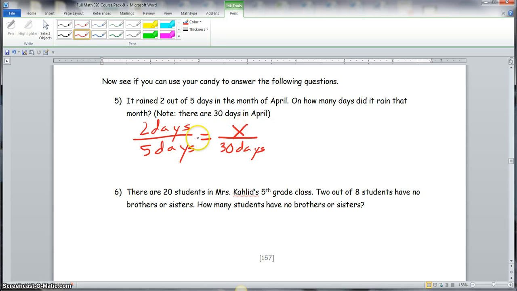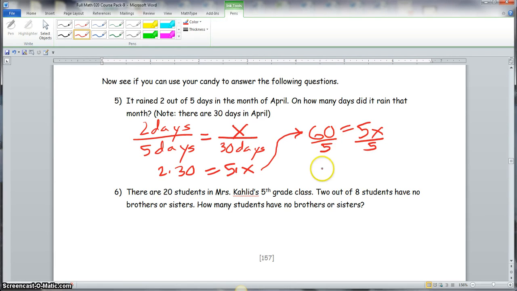So now we do cross multiplication. 2 times 30 is equal to 5 times x, which is 5x. 2 times 30 is 60, equal to 5x. We divide each side by 5. 60 divided by 5 is 12, and it equals x.